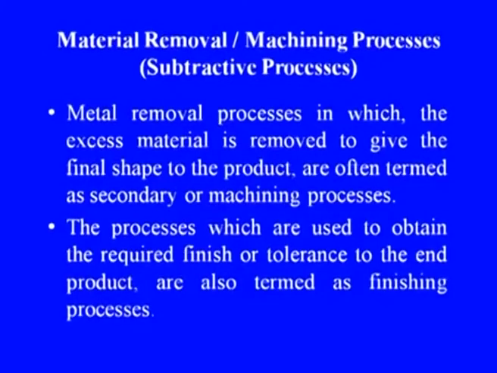The processes which are used to obtain the required finish or tolerance to the end product are also termed as finishing processes. This means that in both the cases, that is either removal of material or finishing of part, the product to be cut or finished is made by some other processes described earlier.